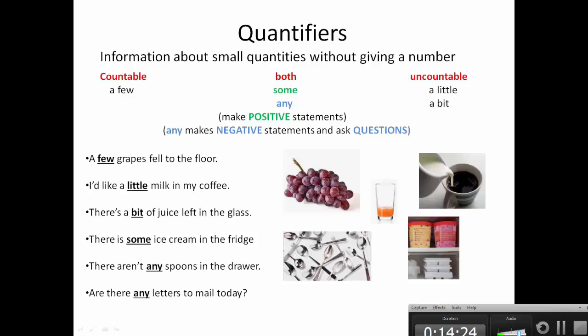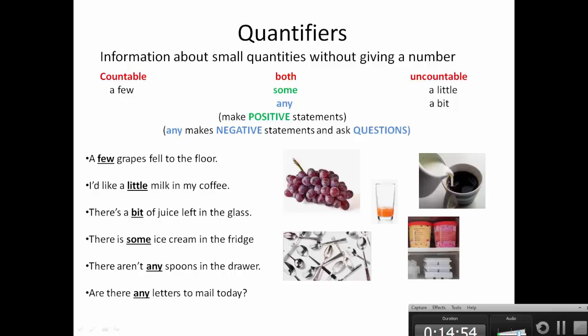Here are more quantifiers. Information about small quantities without giving a number. They too are countable, could be both, and uncountable. For the countable, we would use the words a few. If it could go either direction, we could use some, or we could use the word any.